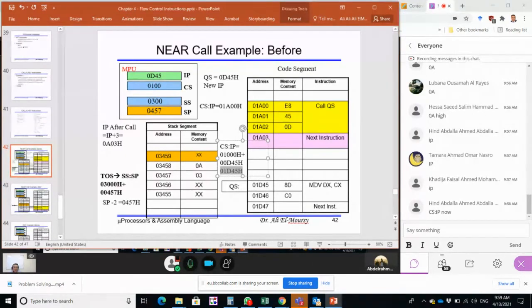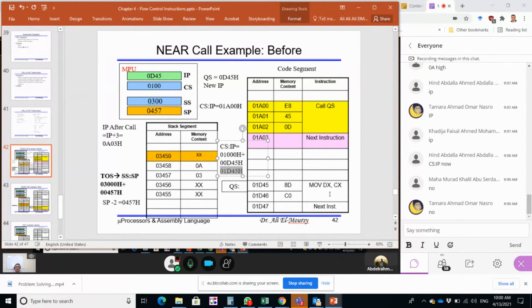Now the microprocessor will start executing, not the instruction after the call, but the first instruction in my subroutine.